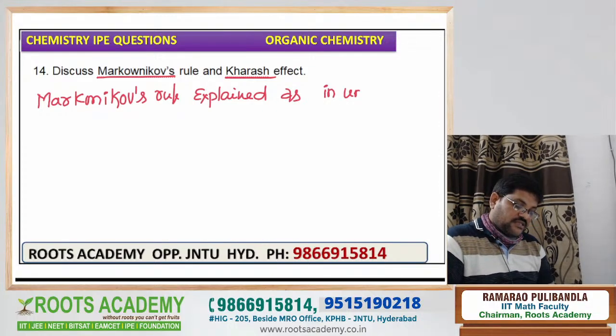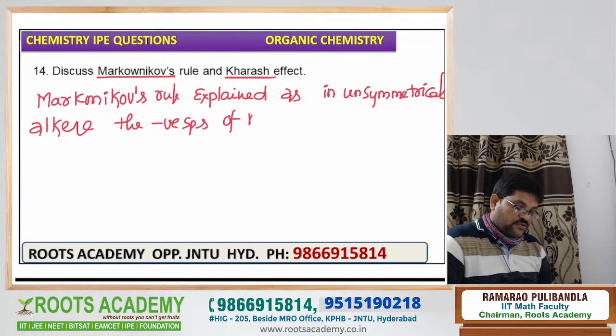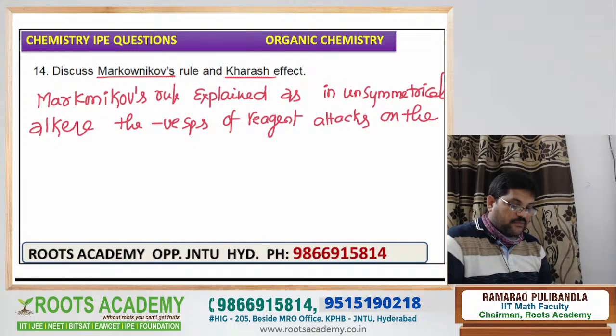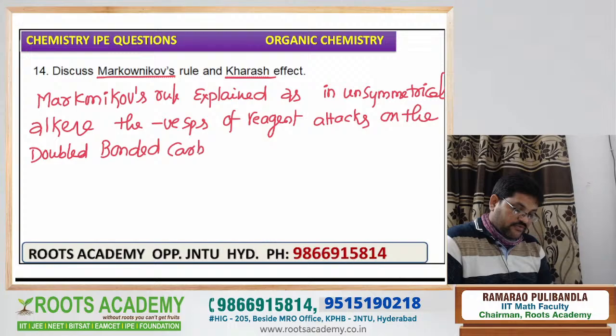In unsymmetrical alkene, tell my statement, students. In unsymmetrical alkene, the negative species of the reagent attacks on the doubly bonded carbon with less number of substitutions.